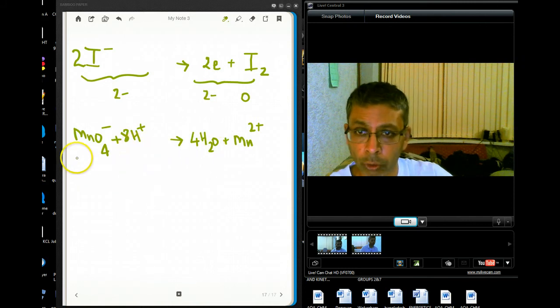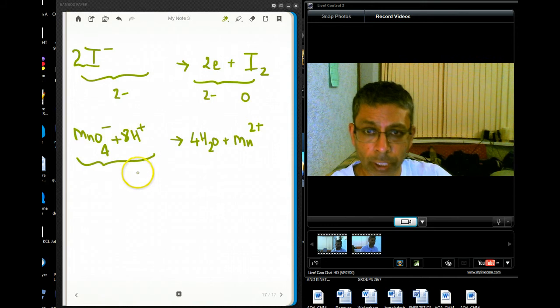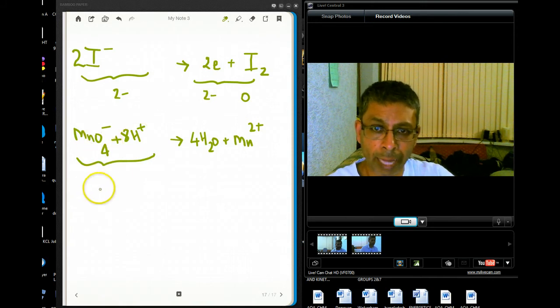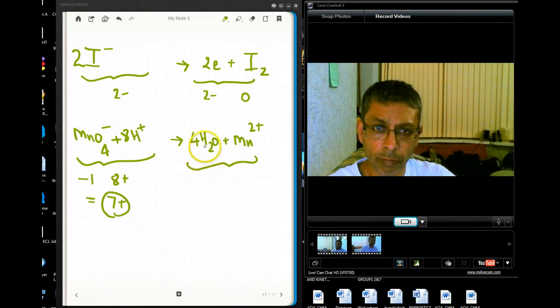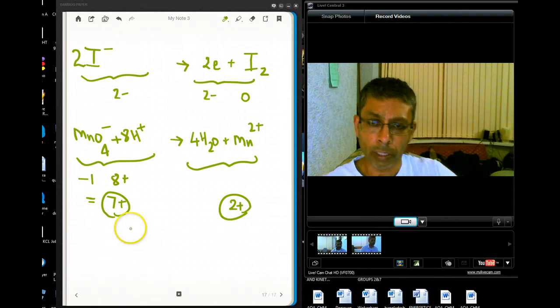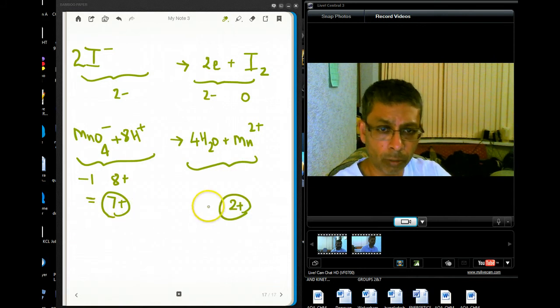Total charges, not the oxidation numbers, the charges on the ions, -1 and 8 pluses. -1, 8 pluses. A little bit of mental maths tells you that that makes +7 on the left hand side. On the right, that's neutral, and I've got 2 plus here. Okay, so there you can see then that the charges are not balanced.